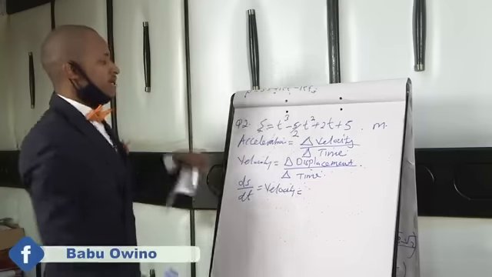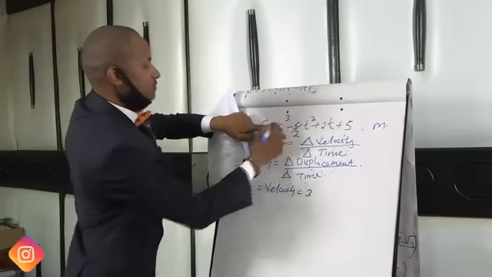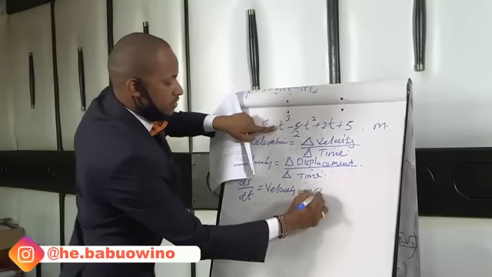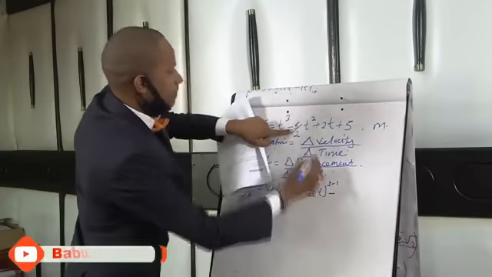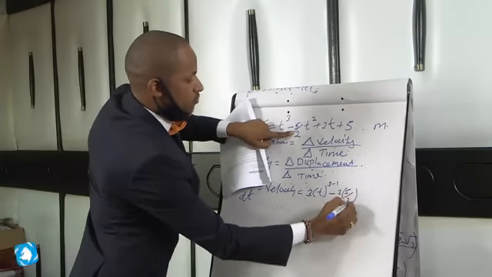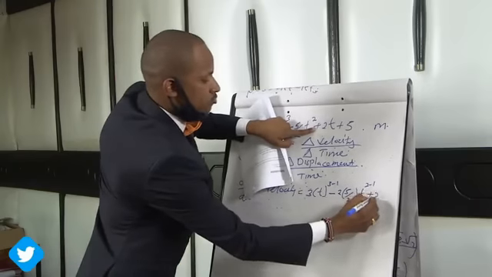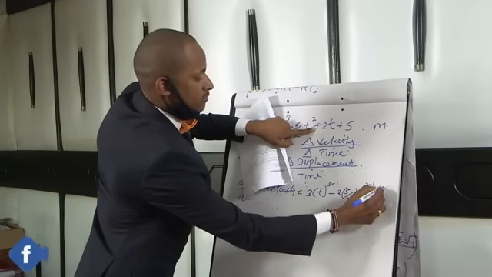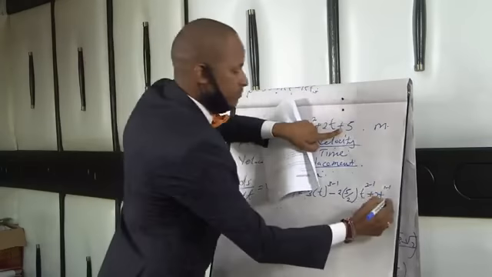So the velocity becomes, when you differentiate t cubed, you bring 3 down into t to the power 3 minus 1, minus, bring 2 down, that is 2 into 5 over 2, t to the power 2 minus 1, plus 2t to the power 1 minus 1. When you differentiate any number, you get 0.